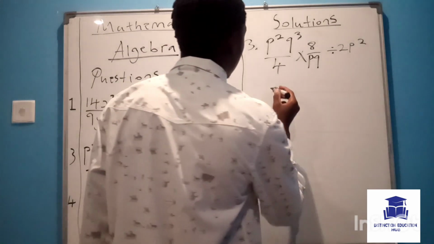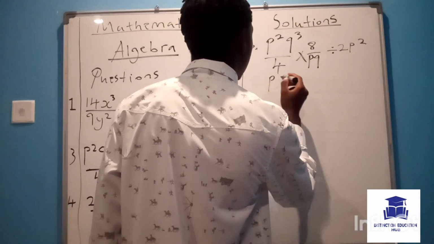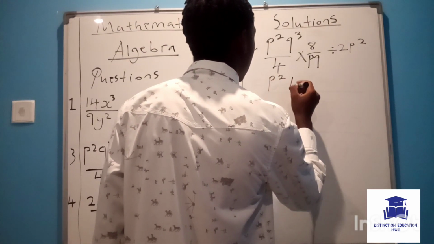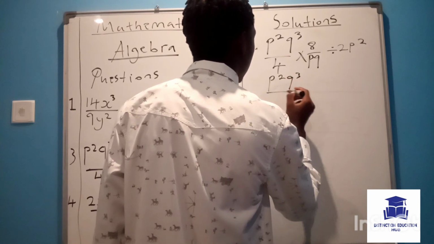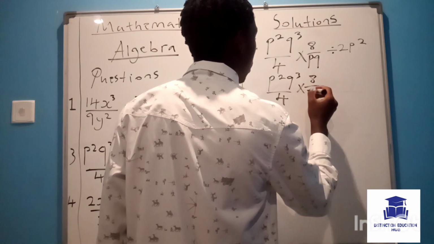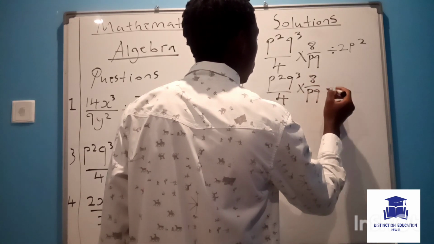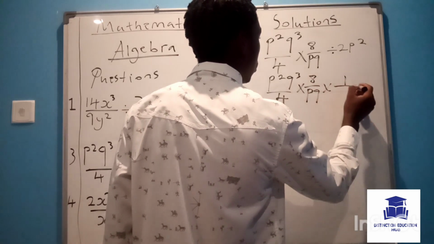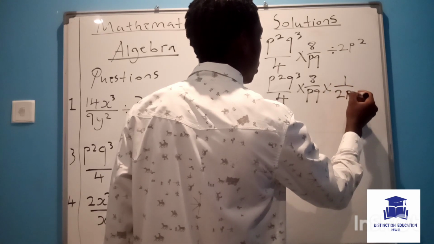And you bring in the multiplication sign. So you have P squared Q to the power 3 over 4 times 8 over PQ times 1 over 2P squared.